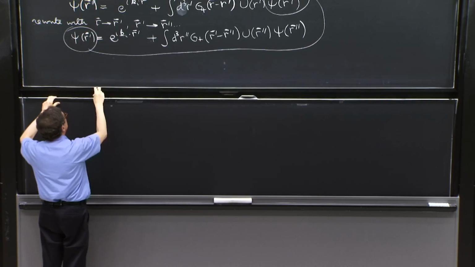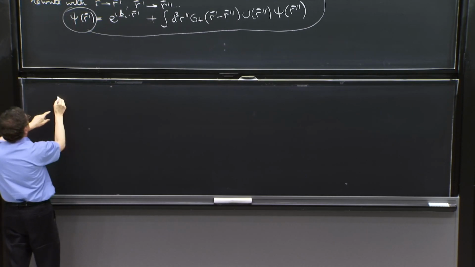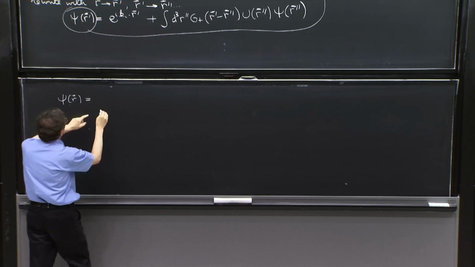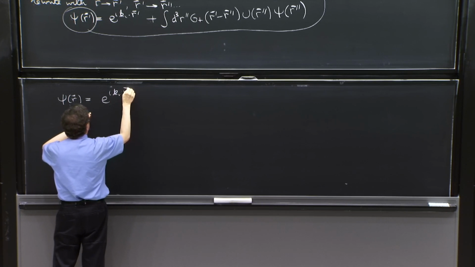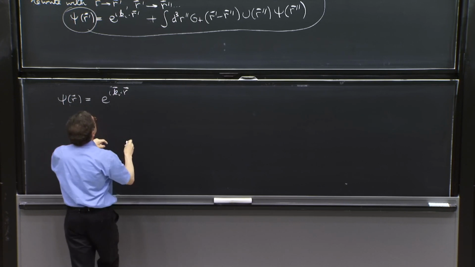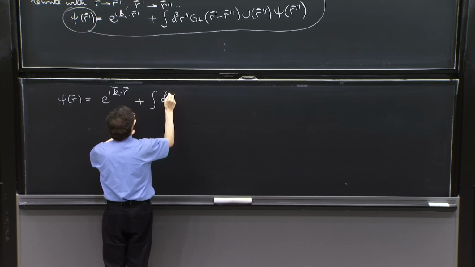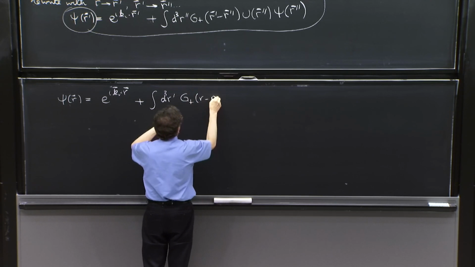I get the beginning of an approximation, because I now get psi of r is equal to e to the i ki r plus d cube r prime g plus of r minus r prime.